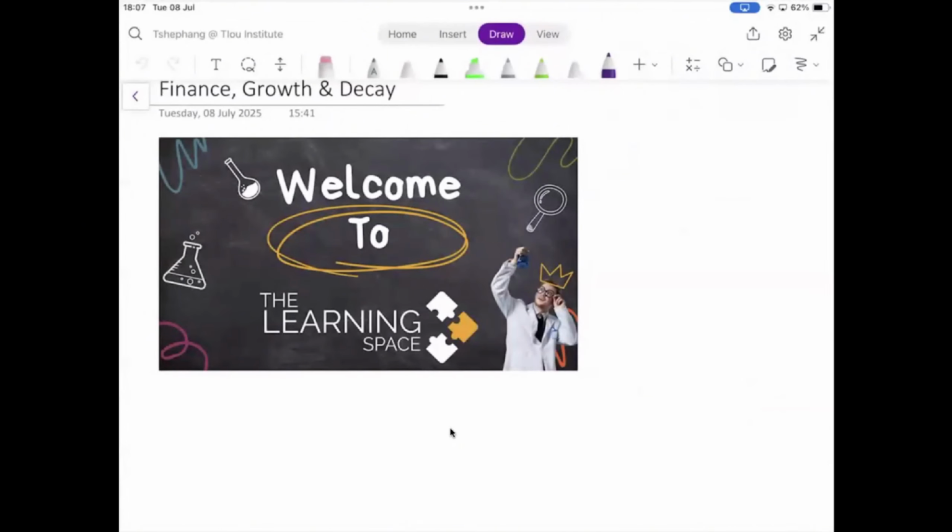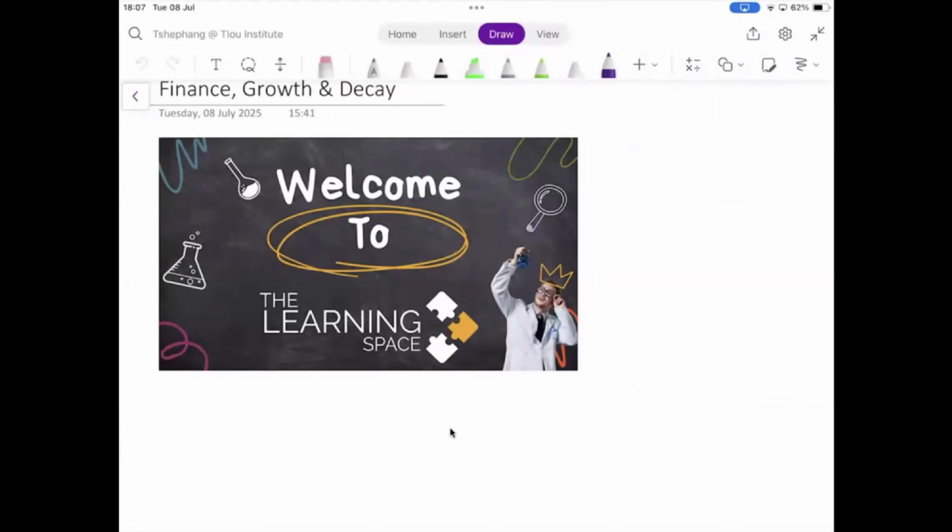You guys should be able to see my screen in a second. It is loading. If you can see my screen, please put a thumbs up. There we go. So you guys can see my screen. I'm happy about that. Now, without wasting any time, let's dive right into it.